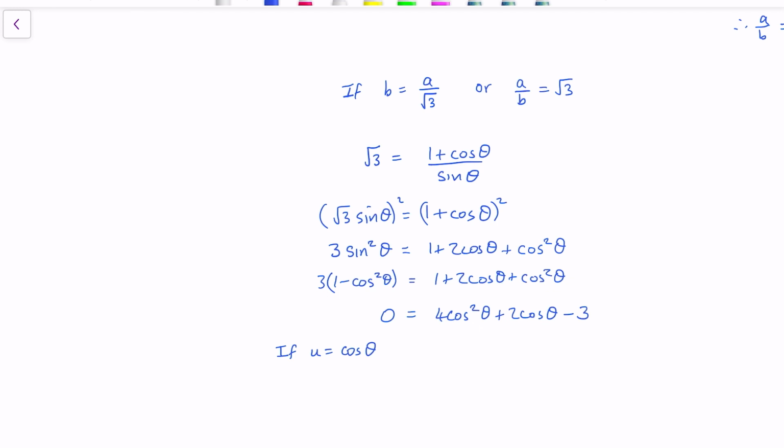Oh, because it's not minus 3, it's minus 2. Okay, I bet you that factorizes now. Yep. So I don't need to make u equal cos theta because the roots are very easy once you've got it on the calculator. It factorizes to, well, we can divide everything by 2.